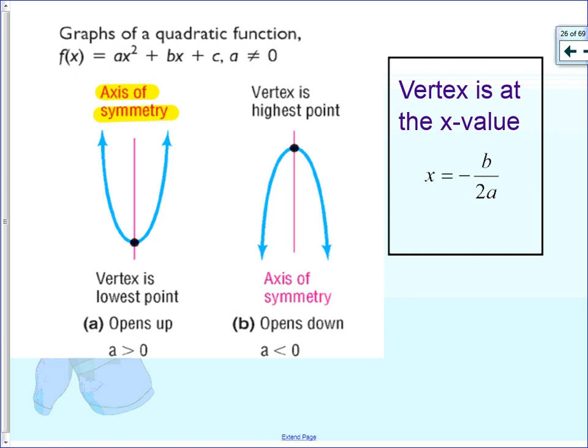The reason that this is true is somewhat related to, well, it's directly related to calculus. It's also directly related to the quadratic formula. Remember the quadratic formula? x equals negative b plus or minus the square root of b squared minus 4ac, over 2a.